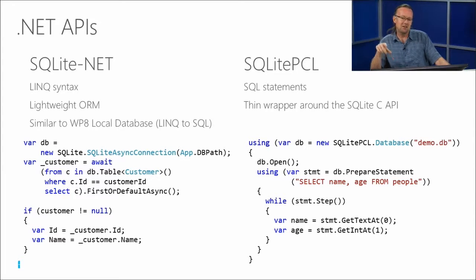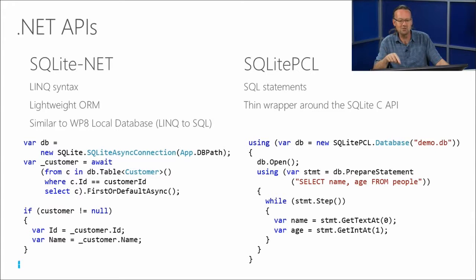But recently a new one has come along called SQLite PCL, which is run by a group in Microsoft called MS OpenTech, who take third-party packages and get them working, and they do great work. They brought out a new one called SQLite PCL, which does the same thing, works with SQL statements, and in many ways is probably going to supersede the SQLite WinRT one that I've been supporting.